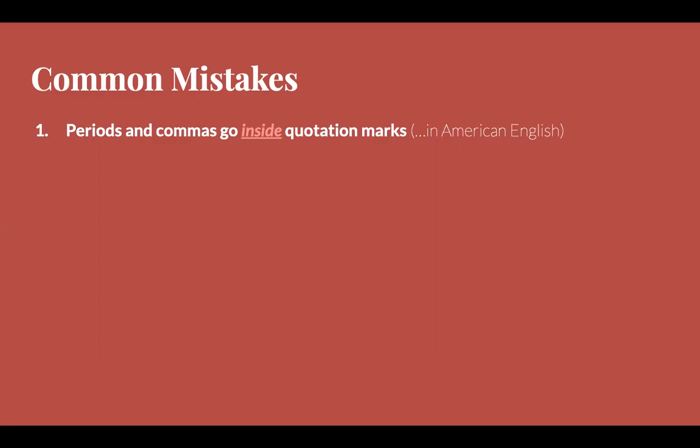Furthermore, it seems that most students use American English in their writing, so this seemed appropriate. So here's an example. Hello, comma, quotation mark, I said, welcome to today's lecture, period, quotation mark, right? So the commas and the periods go inside the quotes. Obviously, in your thesis, you're going to be using a lot of quoted material. So this is a very useful rule to know.